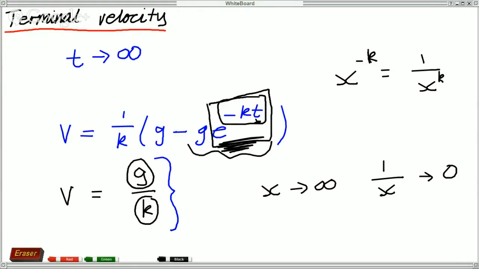It's going to depend on the value of k for your specific case, but this is how the terminal velocity would be represented. So yeah, that's a look at terminal velocity, and basically it comes about because as your velocity keeps increasing, so too will the air resistance, and you'll reach a point where you can't increase the velocity anymore because the air resistance is just getting too large to overcome.